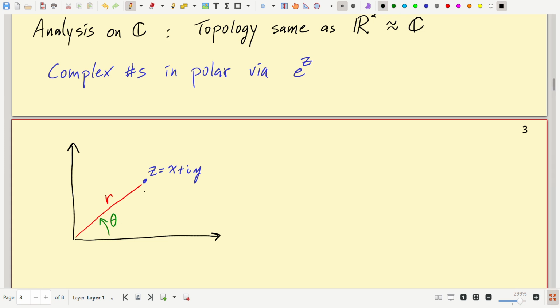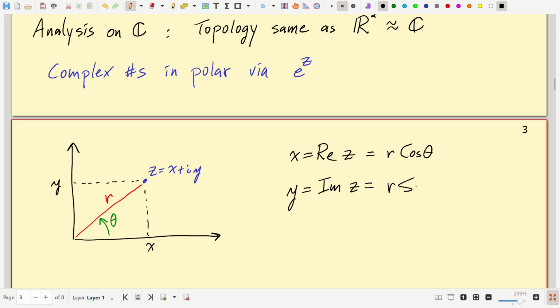And then if I project downwards here, I get the x here, and I get the y here. The basic words are: x is the real part of z, and in the picture that would be r times cosine theta. And y is the imaginary part of z, which is equal to r sine theta.